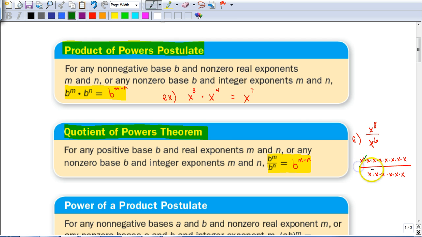And we would cancel out 6 from the top and 6 from the bottom, leaving me with 2. So x to the 8th divided by x to the 6th would be x squared. A faster way to do that, though, instead of having to draw it all out to illustrate it, all we have to do is subtract the exponents. 8 minus 6 is 2.